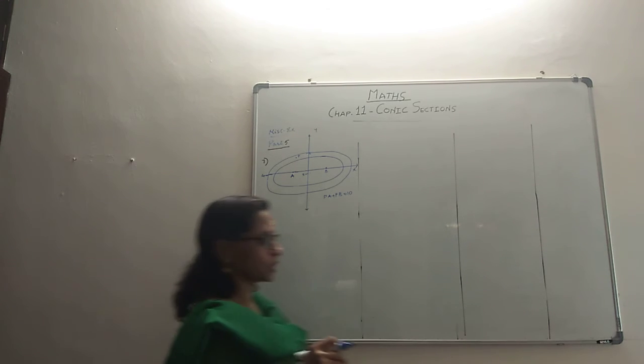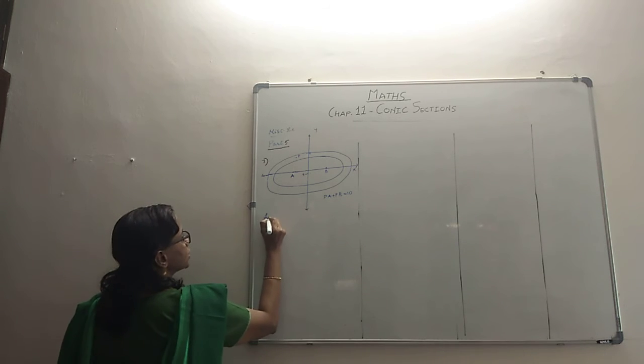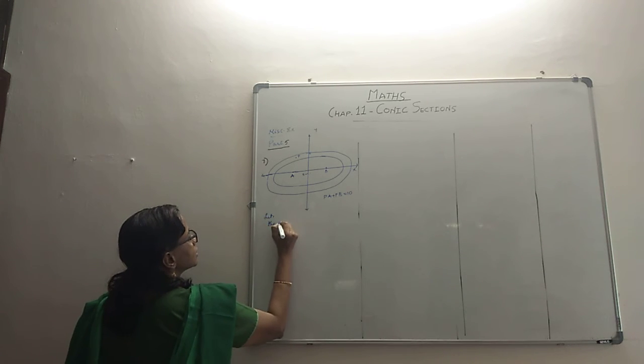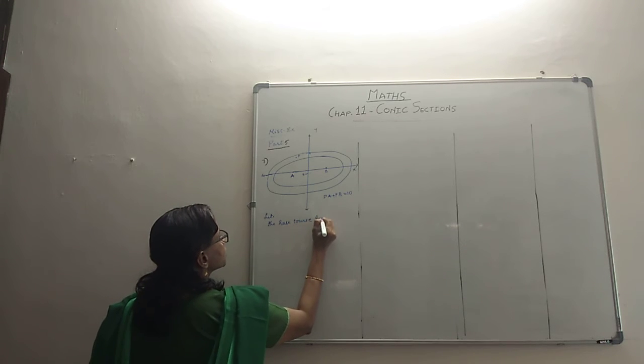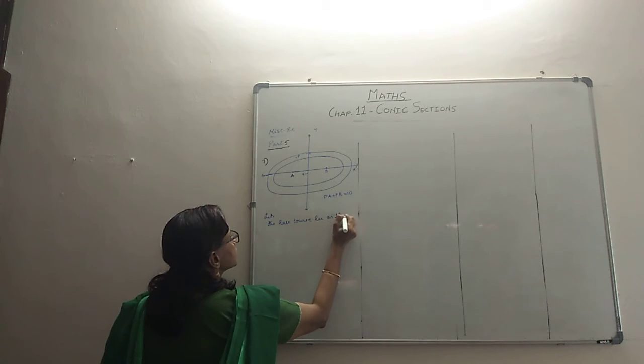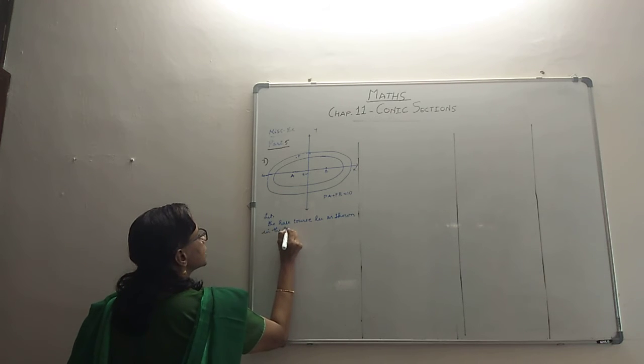So let's work with this. Let the race course be as shown in the figure. First thing.